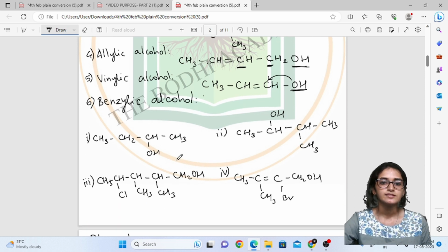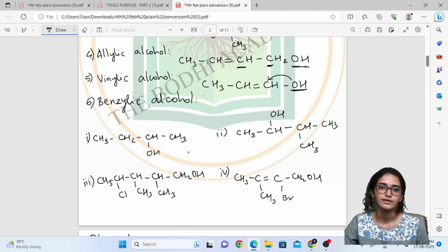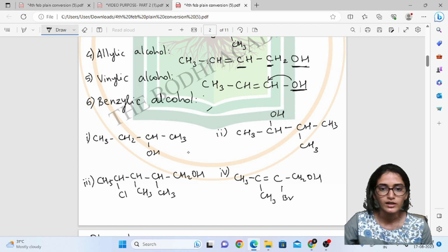Then the next one is benzylic alcohol. Now what will be benzylic alcohol? Most of you will think that benzylic alcohol is alcohol attached to a benzene. But no, it is not true. For benzylic alcohol, we first write the benzene ring, and attached to that there will be one alkyl group and then the OH group.